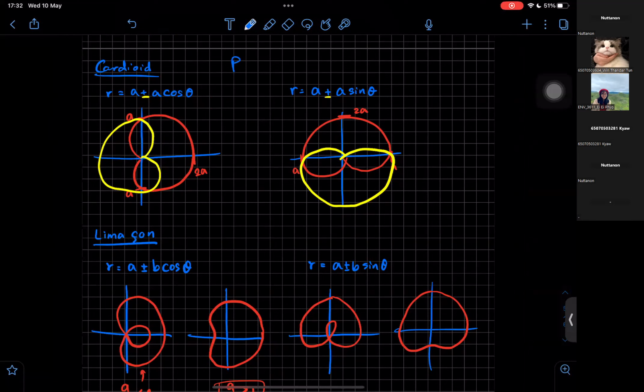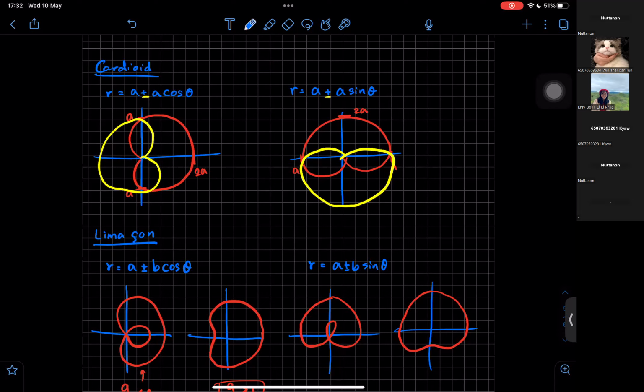It's like y equals x squared, something like that. Or do you mean the polar graph? If it is in polar coordinates, you can say it is a polar graph.